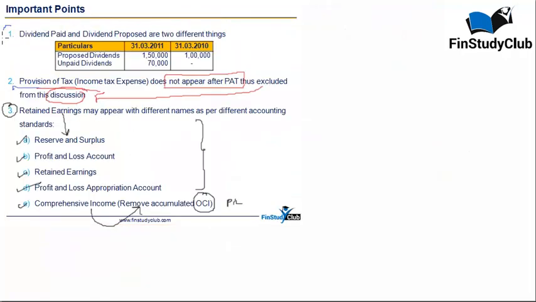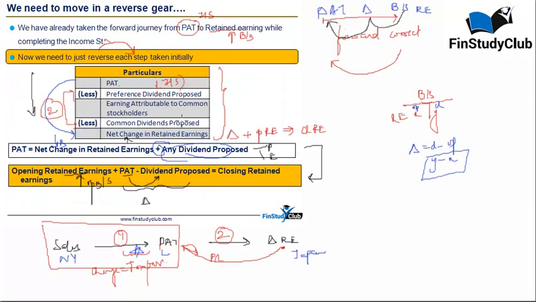My point number 3, also very critical, is I want you to take note of the words I have used: dividend proposed, not paid. The point I'm driving home is, all that is accrual based. Accrual based as in, like the income statement, importance is given to the happening of things rather than cash flows.